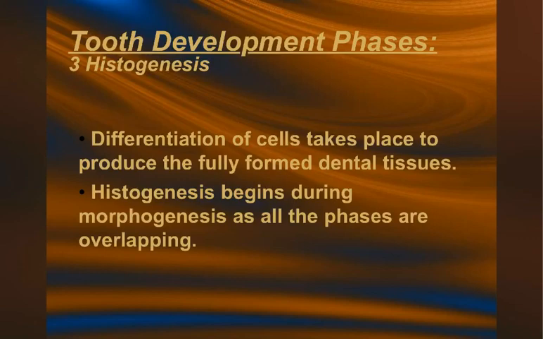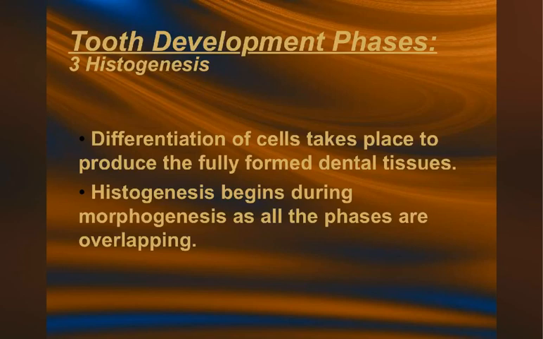This means each part of the future tooth that finished its morphogenesis straight away starts to differentiate or undergo histogenesis to start to secrete hard tissues: enamel, dentine, and cementum.